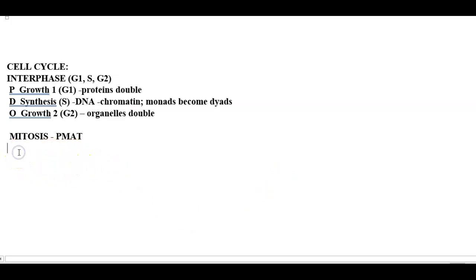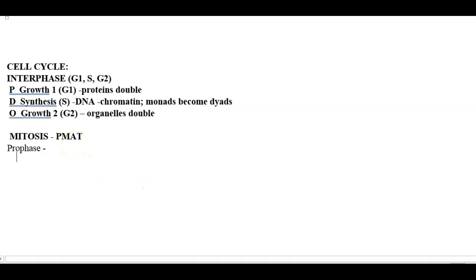So let's start with the P. Prophase. Now let's just make it lowercase just to be the same as above. Prophase. This is like the preparation stage.